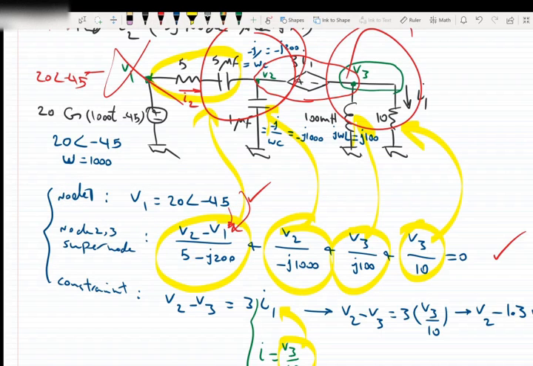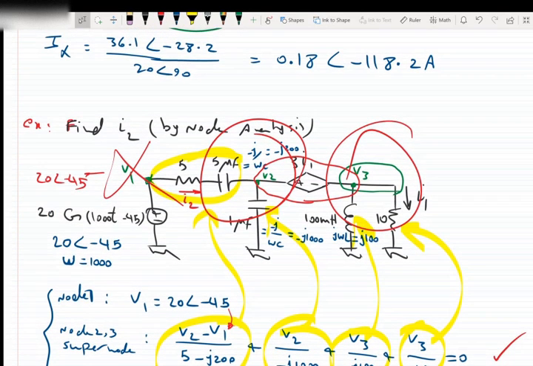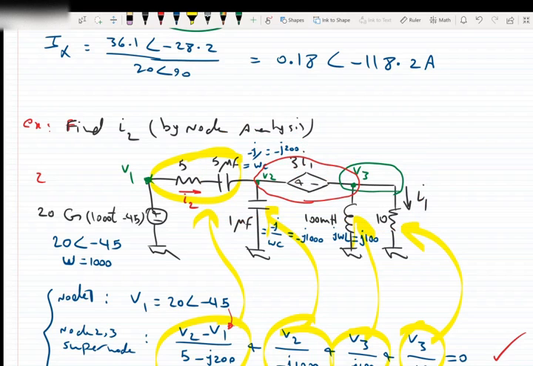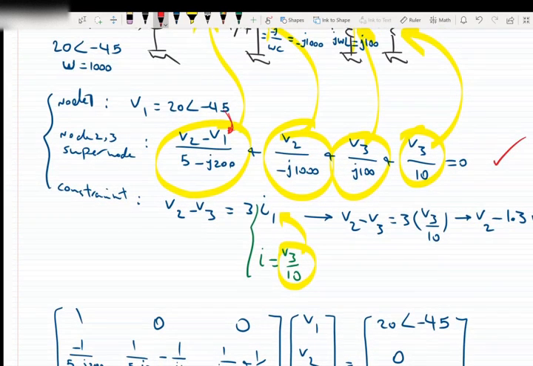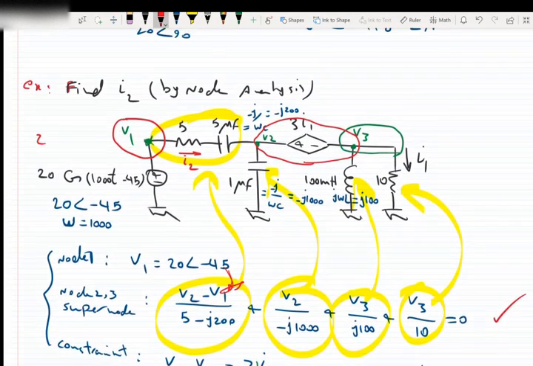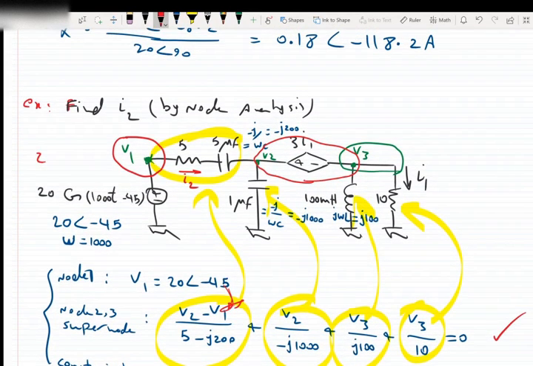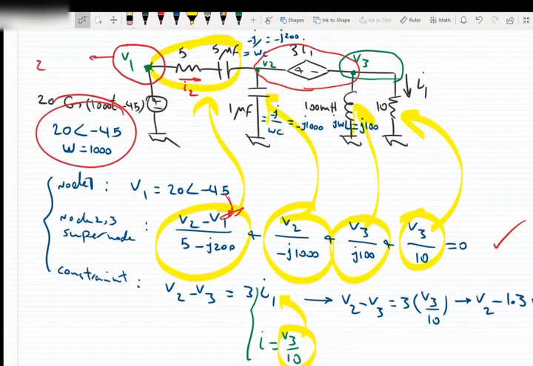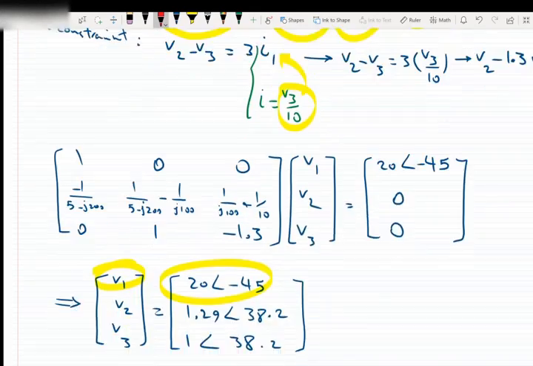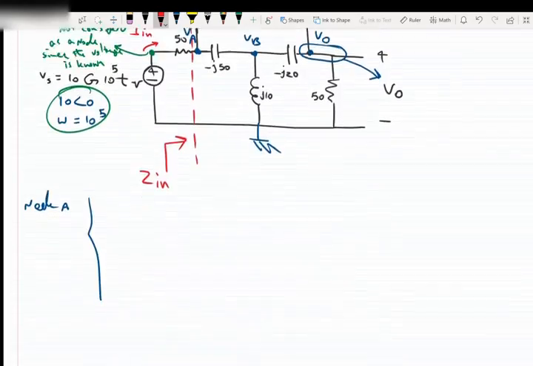But by not considering this point as a node, since the voltage is known, we get rid of a substitution step. We directly apply the voltage, so we don't need to do the substitution or go with larger matrices. Let's just do this example.